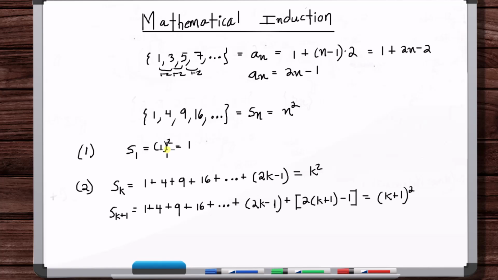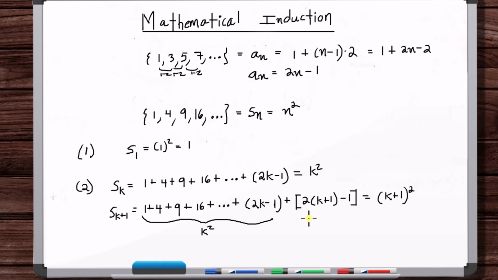Again, we've assumed that this is true. I know this is a little confusing math jargon, but this is how you do it. We've assumed that this is true, so that means that this is equal to k squared, because we first rewrote this and then we added the k plus 1 term.